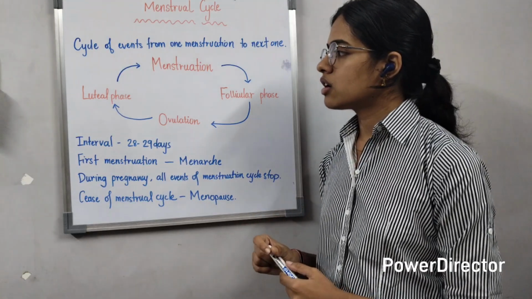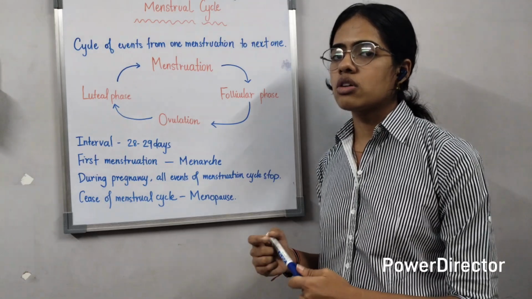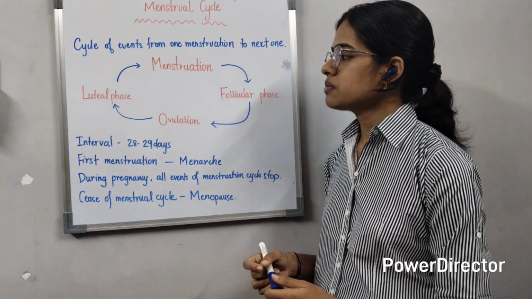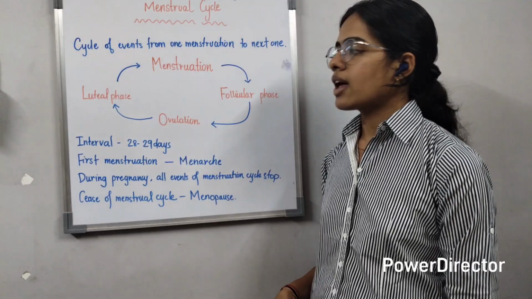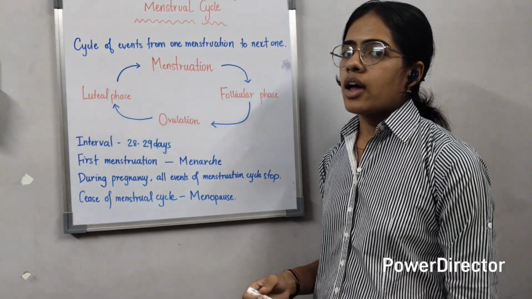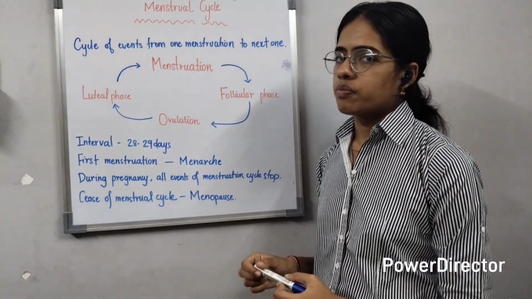So we will go through the events which lead to the menstrual cycle. Now, I have drawn a cycle and categorized the name of the events into four.